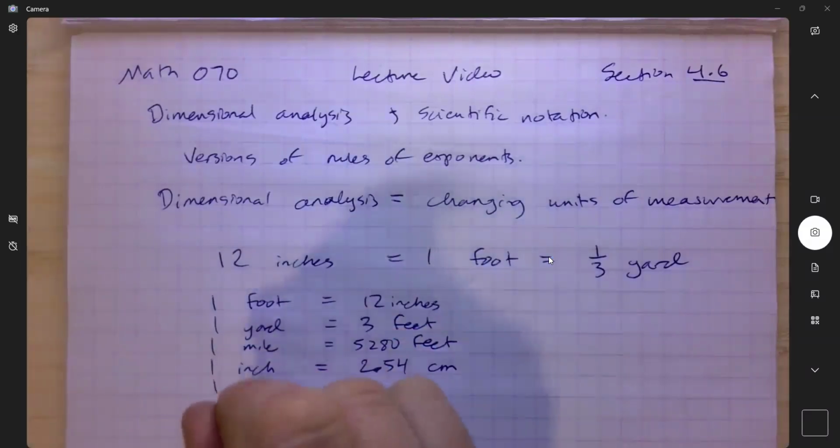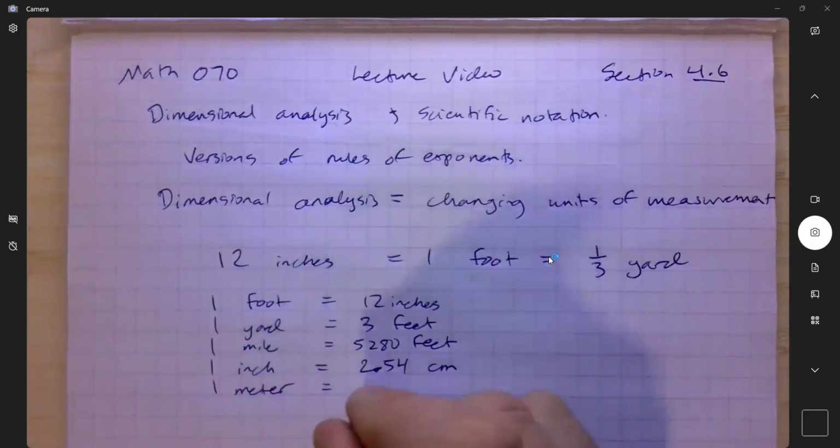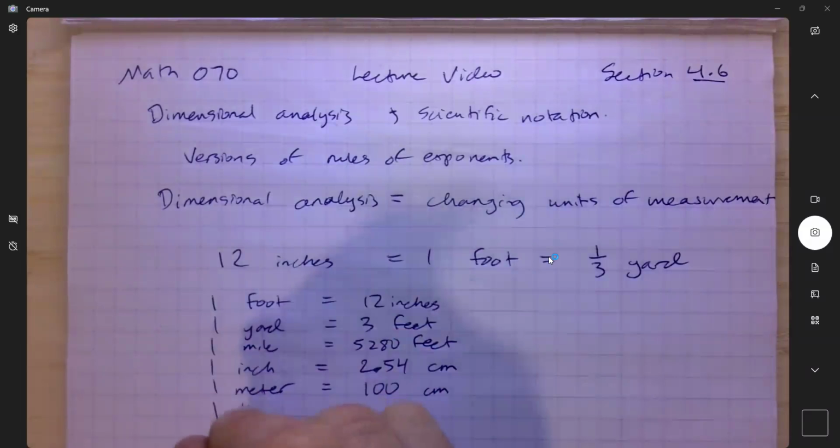Let's see, 1 meter equals 100 centimeters. And 1 kilometer equals 1,000 meters.